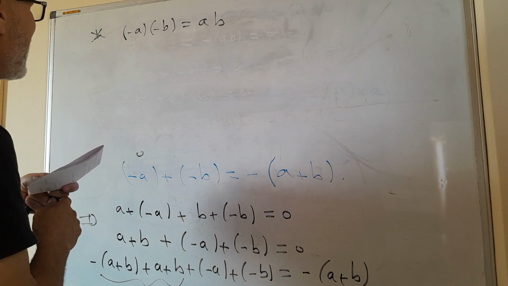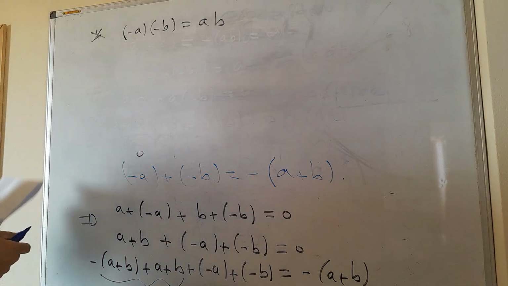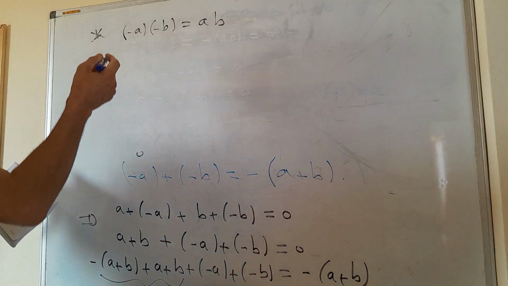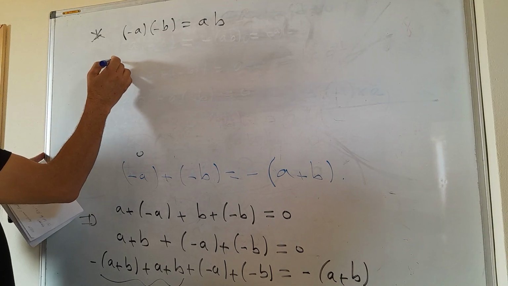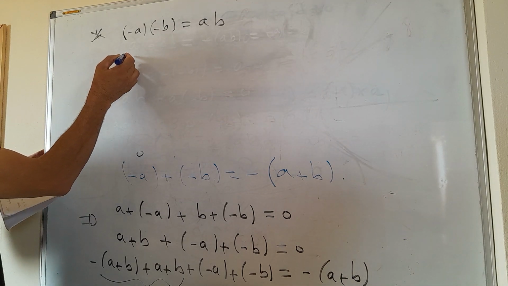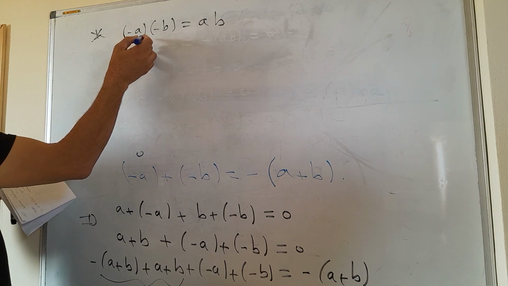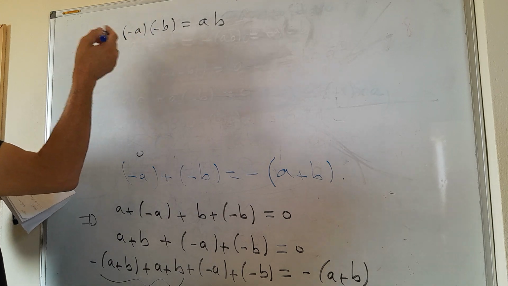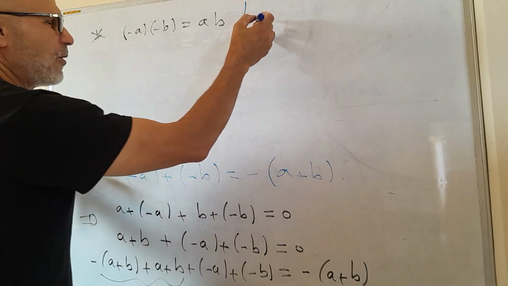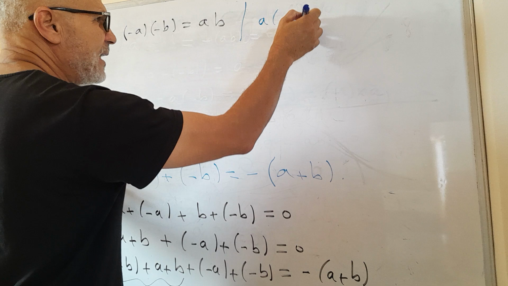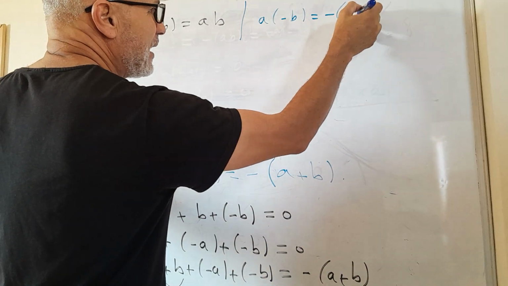So what we can propose here as a solution is, for example, this formula from the previous one, from a(-b) equal to -ab.